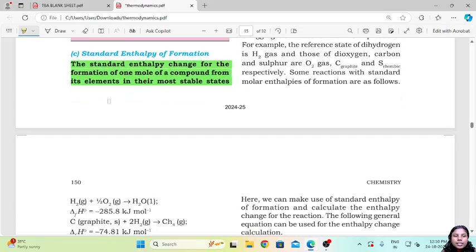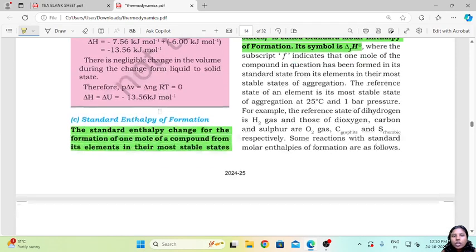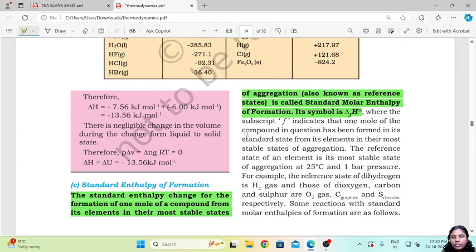Now what it means is that when we are looking at the enthalpy change for this, we look for the formation of 1 mole of compound that is being formed, and here whatever elements or reactants are there, they should be present in their most stable states of aggregation, also known as the reference states. Only then we call it the standard molar enthalpy of formation.